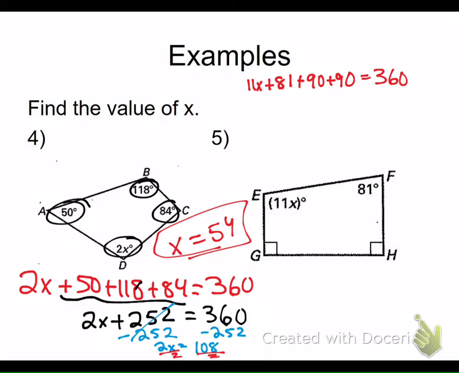Then what? Add the like terms. So 90 plus 90 plus 81. What do you get when you add those? 261.